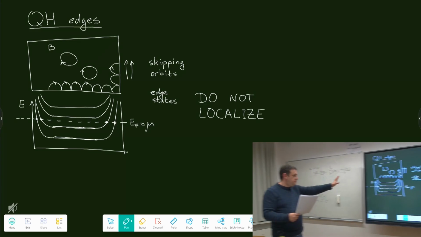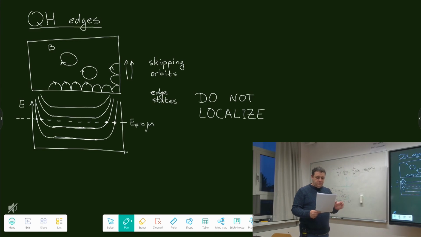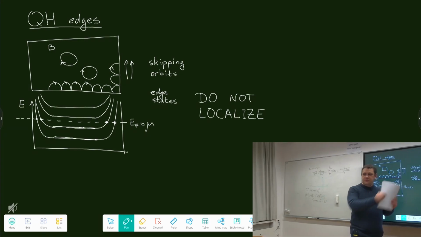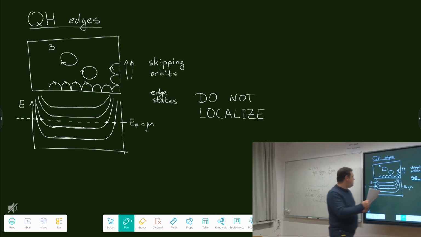So if this picture is clear, we can now do some calculations, not just pictures. Is this clear? Are there any questions to this thing?